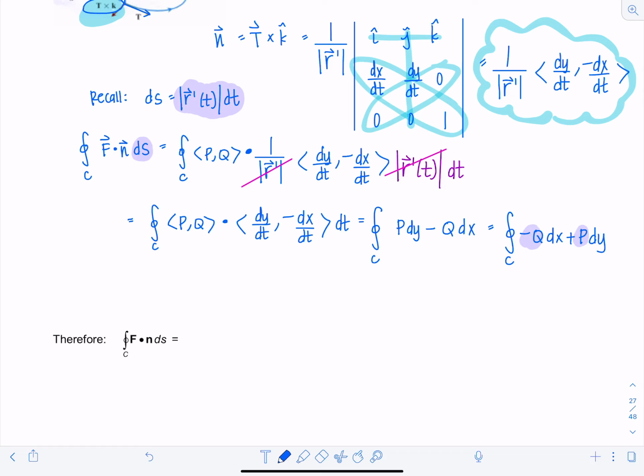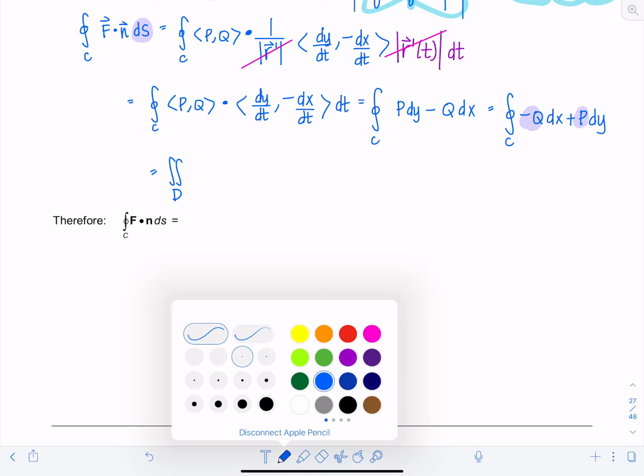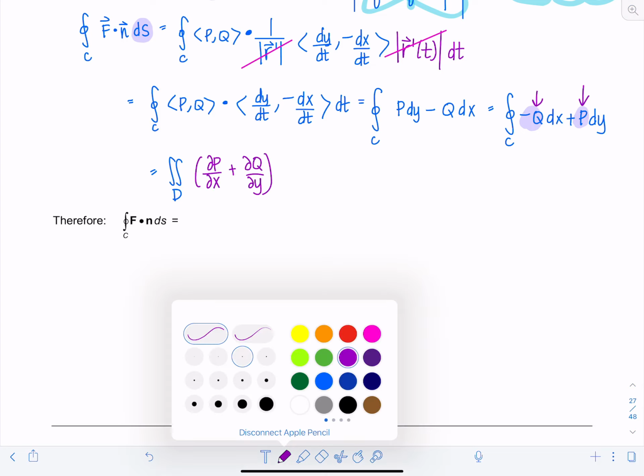Okay, so if I were to apply Green's theorem now, I would change this to a double integral over D. I take the partial derivative of that component with respect to x. So I would have ∂P/∂x minus the partial derivative of negative Q with respect to y. So that's going to be plus ∂Q/∂y dA.